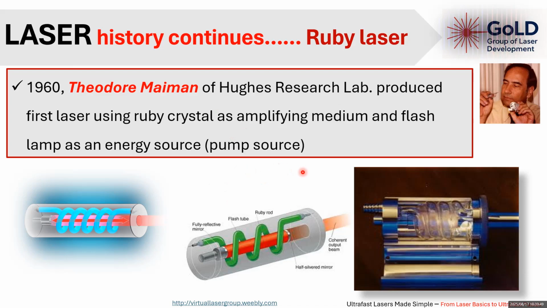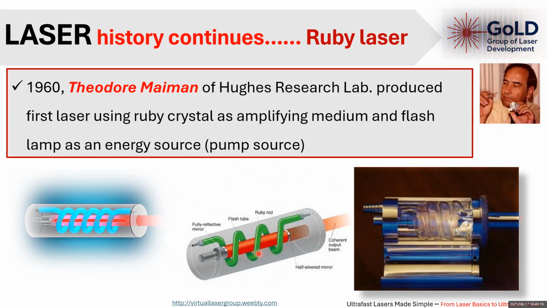So you can see this is Maiman, and here you can see the first ruby laser. This one is the first one. The flash lamp here is for pumping. What is pumping? We will see later on. Inside of this flash lamp there is a rod surrounded by the flash lamp.